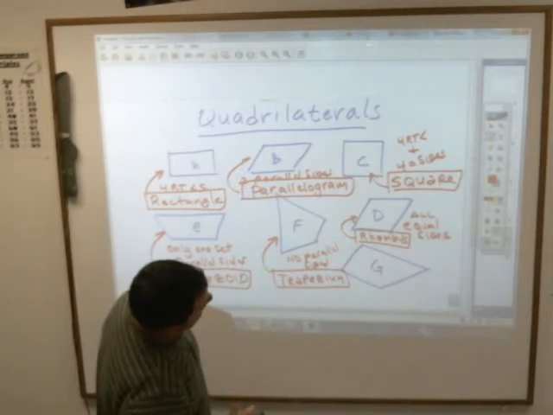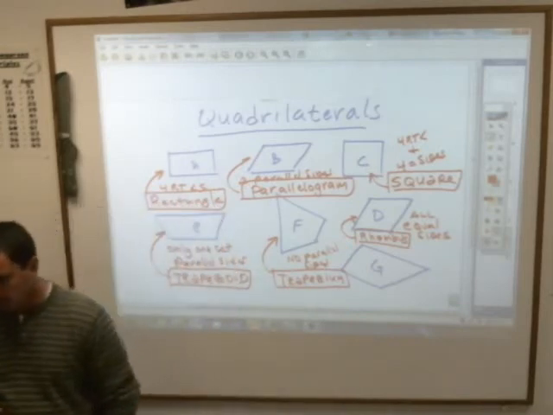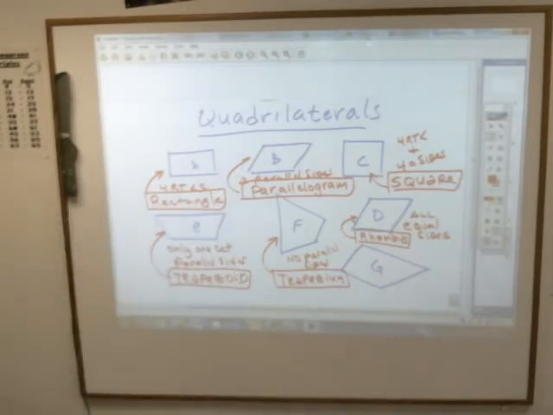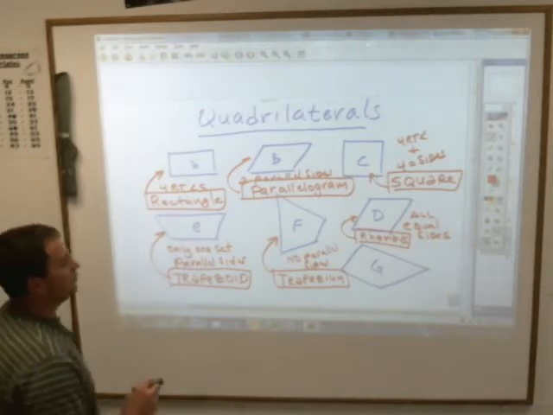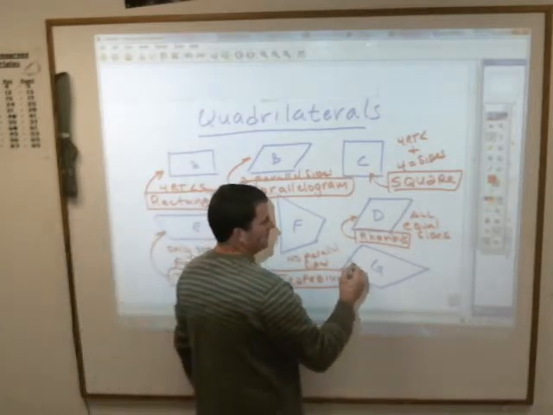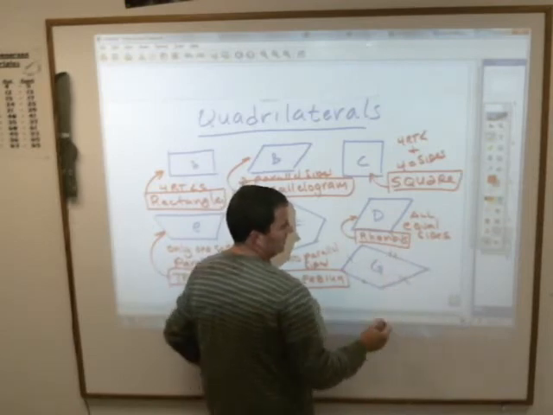And my letter G is not the best of things here. Letter G, I gotta see what their exact definition, if they give me a definition, is. Two pairs of adjacent sides of equal length. In other words, this side equals this side, that side equals that side.